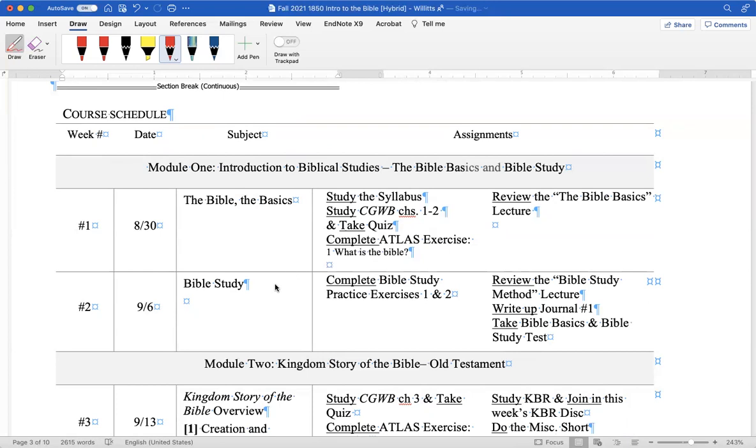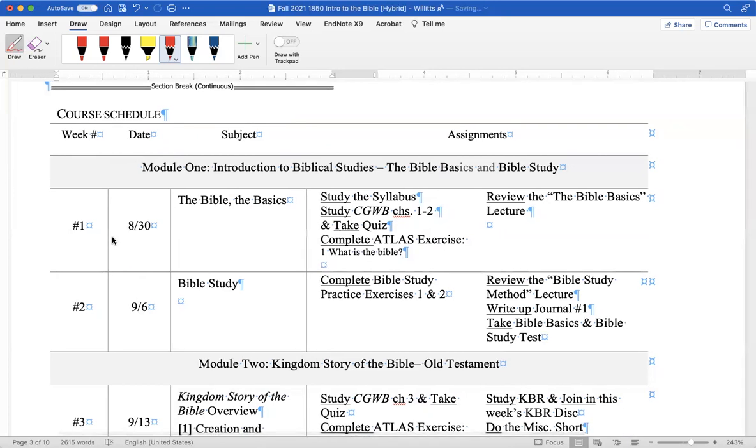Notice a couple of things. First, I organized the class by weeks, not by days. So when you look through the row of week number 1, you'll see our week's topic, and then you'll see a list of exercises. These are learning activities that will be due by the end of the week.